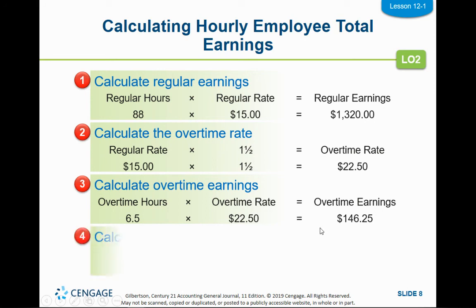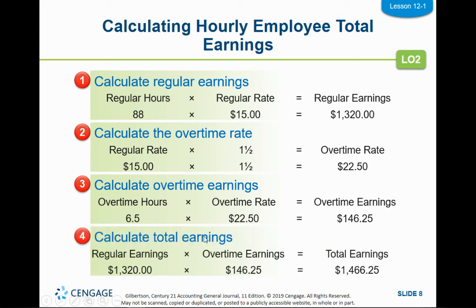To figure their total earnings, you just add their regular earnings plus their overtime earnings, and that gives you their total earnings for this pay period. Now that is going to be gross pay. Before any taxes are taken out, before anything else is taken out, that is their gross total earnings.